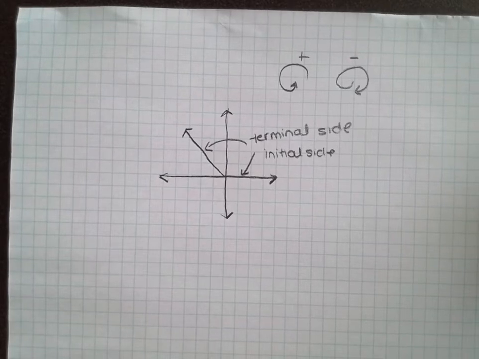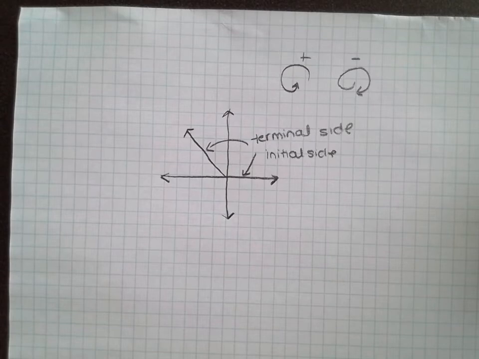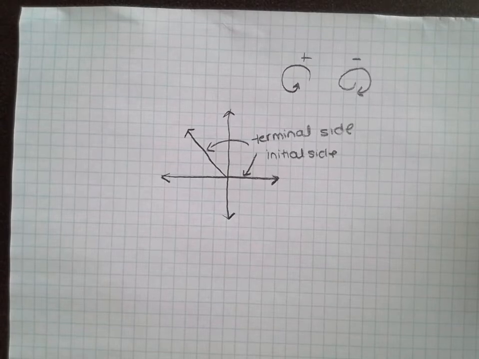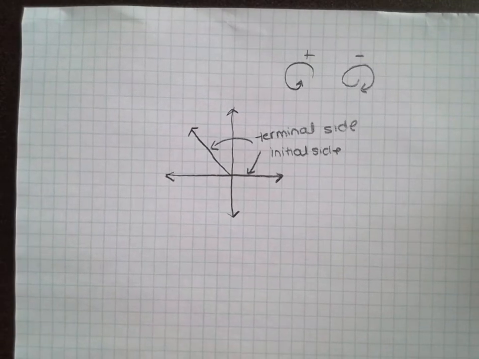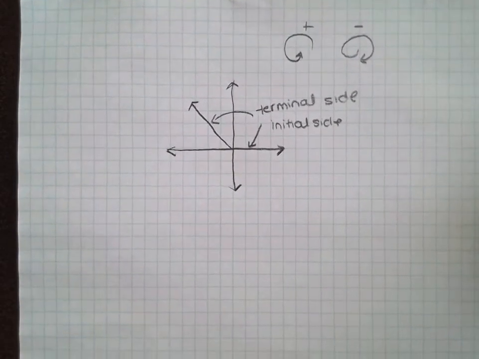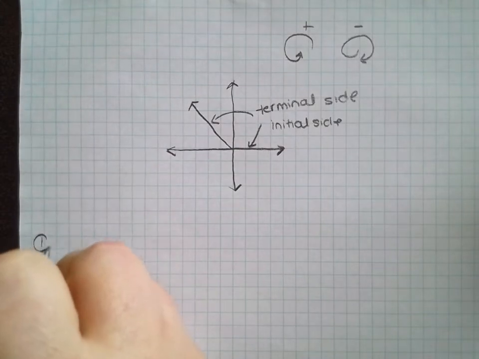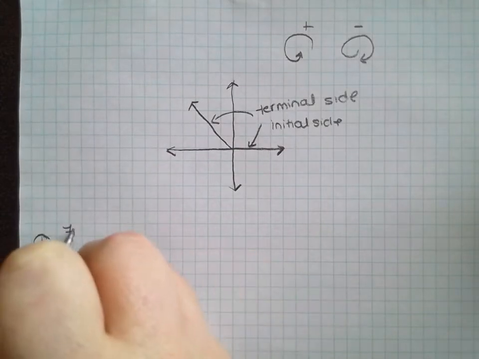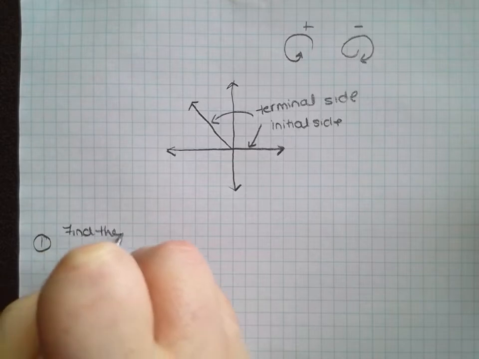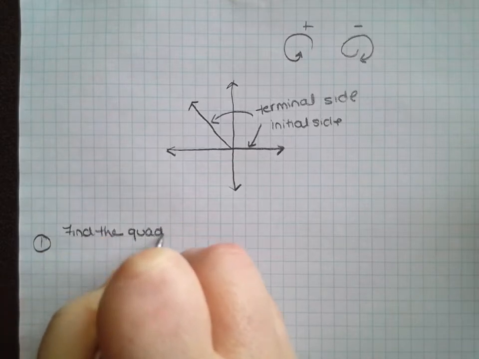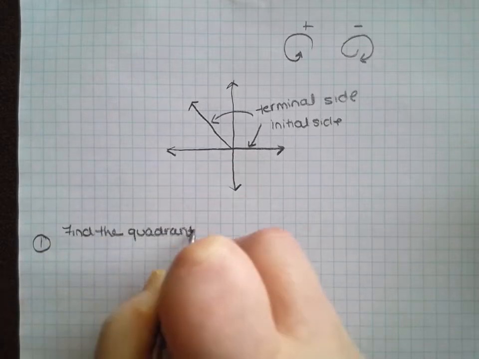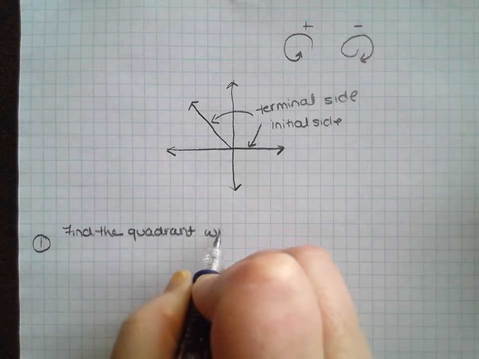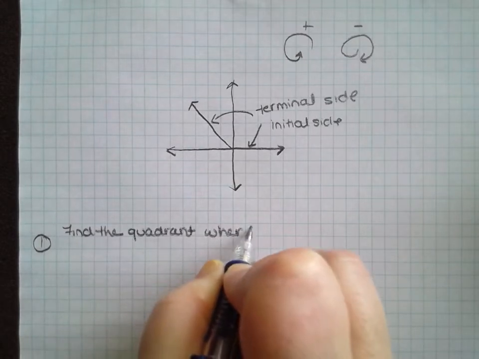So the first thing we need to do is find the quadrant in which the terminal side of the angle appears. So I'm going through the review as I see it. So find the quadrant where the terminal side is.